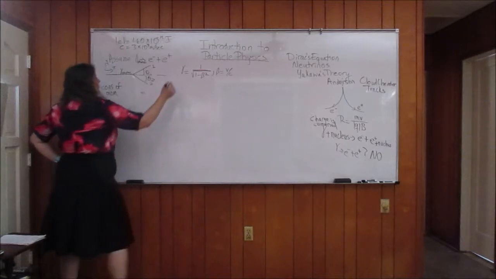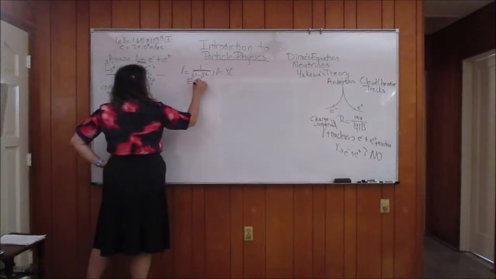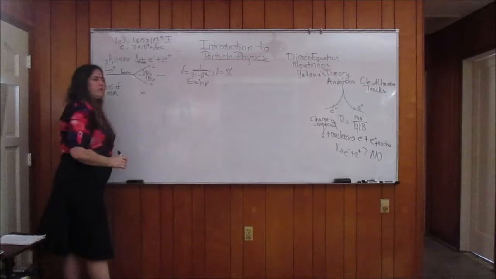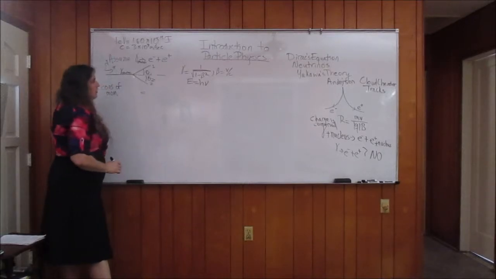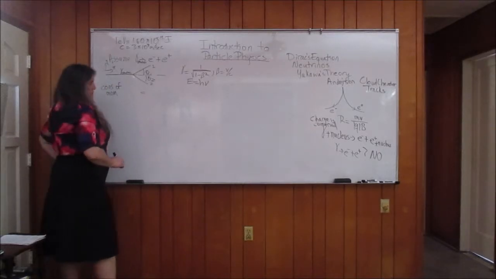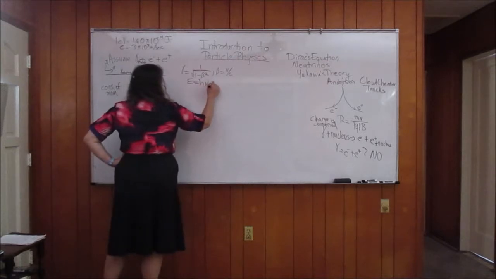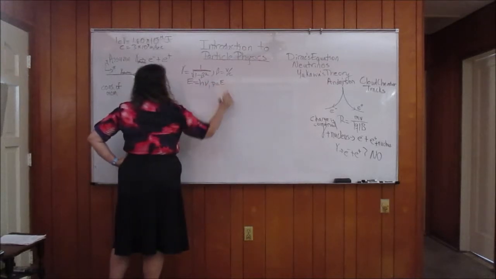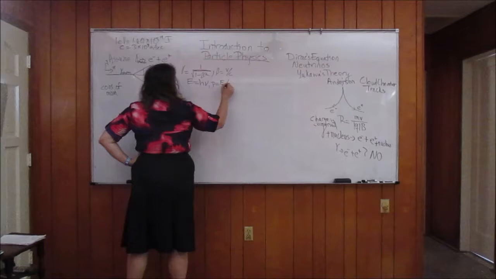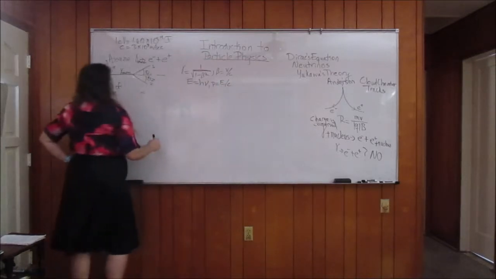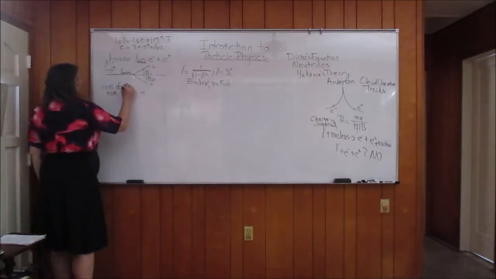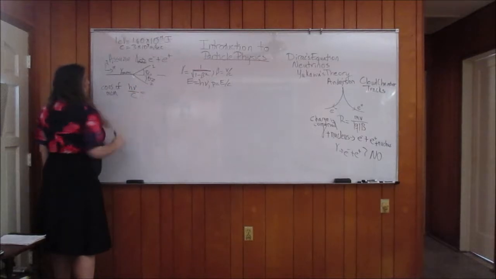Well, the energy of a photon is equal to Planck's constant times the frequency, and the momentum is just equal to E over c. So the momentum of the photon is equal to h nu over c.